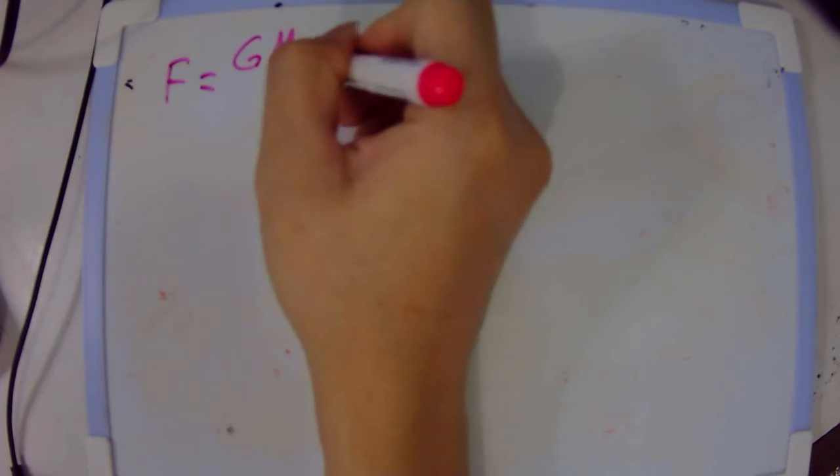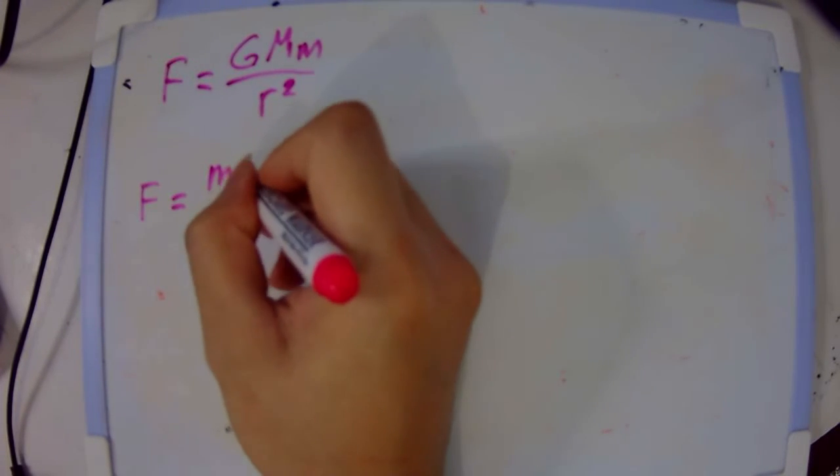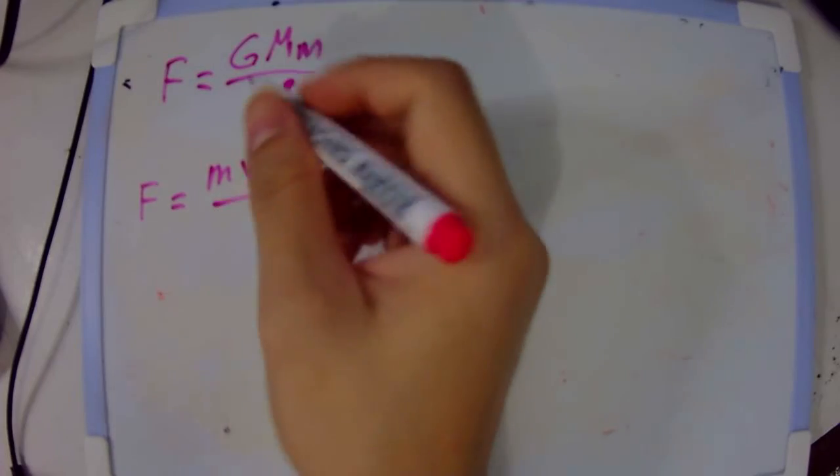Gravitational force, F equals GMm over r squared. Big M is the mass of the bigger body, the sun. Small m is the mass of the planet. R is the radius, the distance from each other. Next is centripetal force, equals mv squared over r.